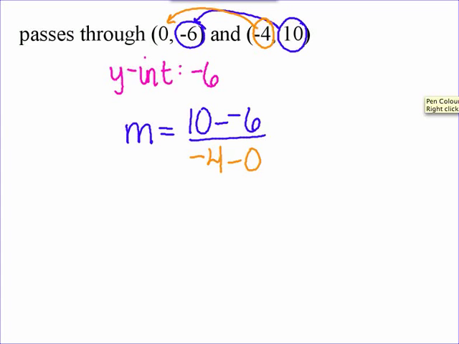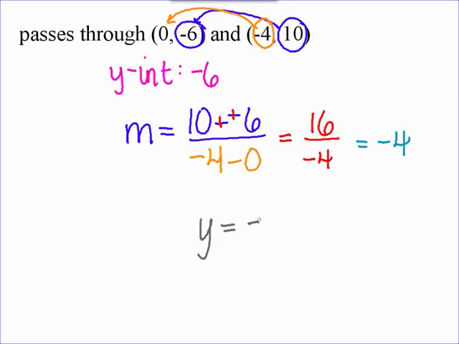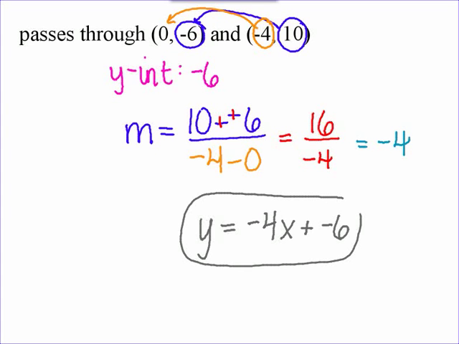So let's go ahead and calculate that. 10 minus negative 6 is 16 over negative 4, which simplifies to negative 4. Good. So my equation, y equals negative 4x minus 6.